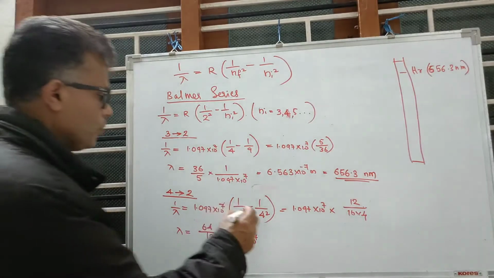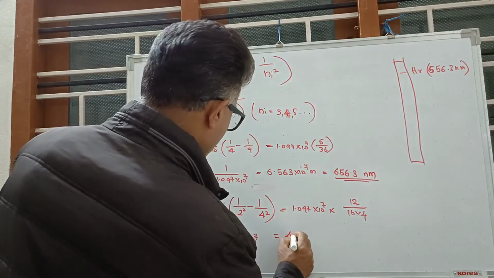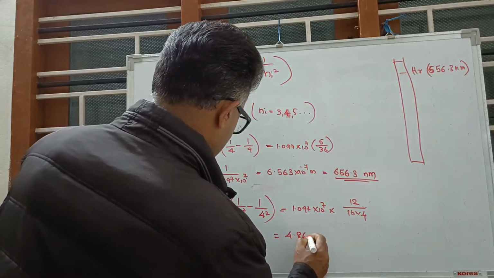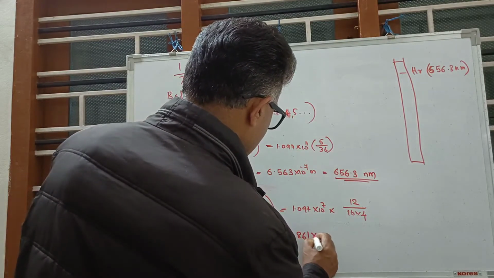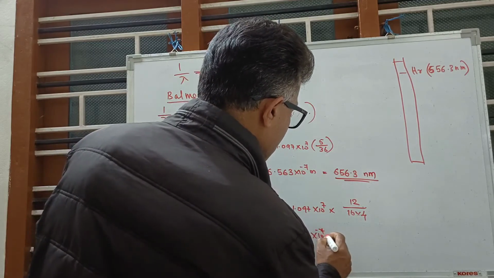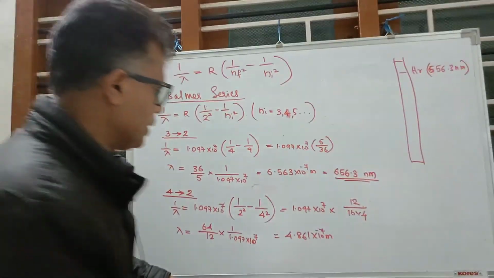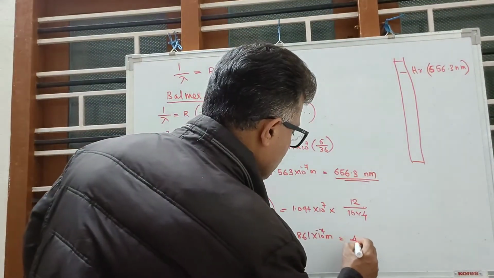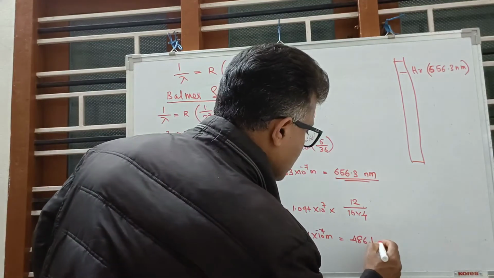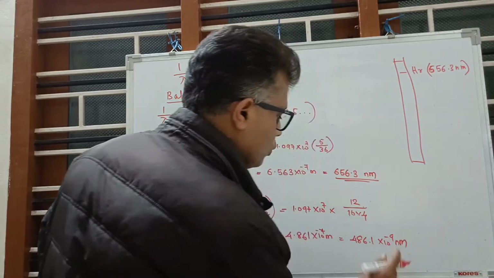Okay, this is going to come how much? 4.861 into 10 raised to minus 7 meters. Now you see, I am calculating again. It is going to become 486.1 into 10 raised to minus 9 meters.